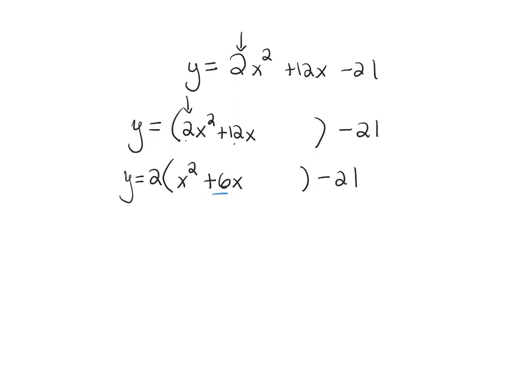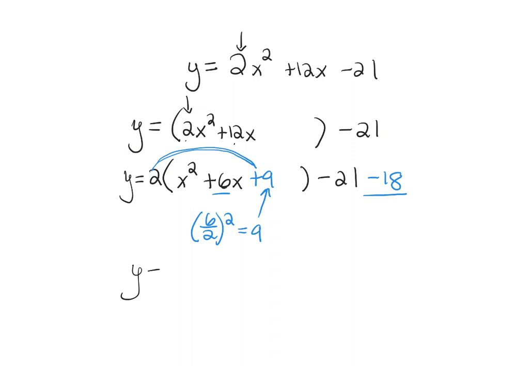Now I'll use the 6 as my b. So 6 divided by 2 squared, 3 squared is 9. So I'm going to put plus 9 here. But here, I can't put minus 9. I have to look at this 2, because 2 times 9 is 18. So I have to subtract 18.